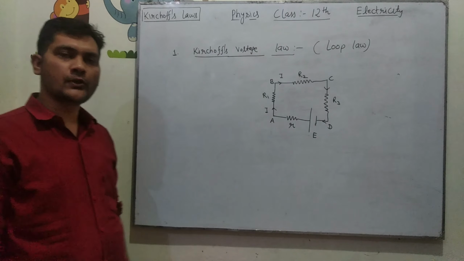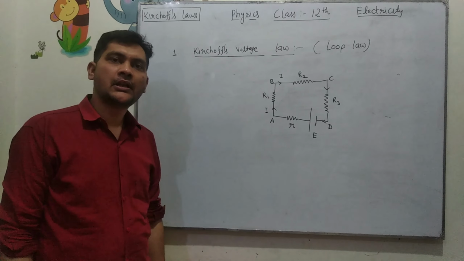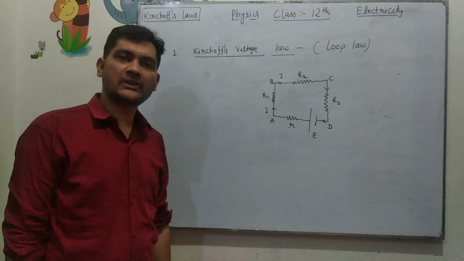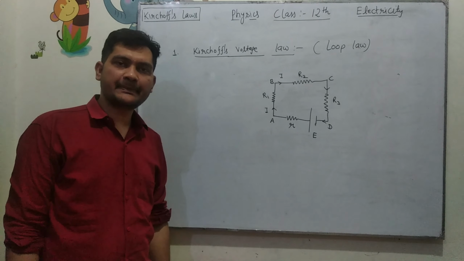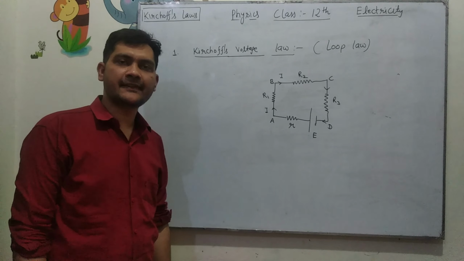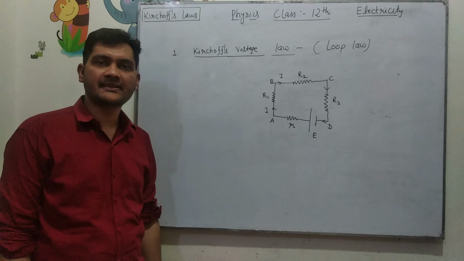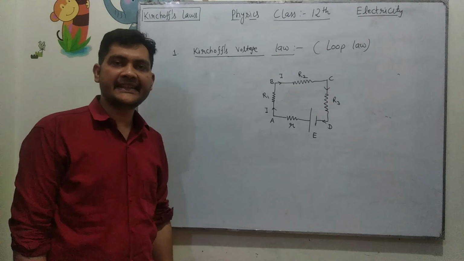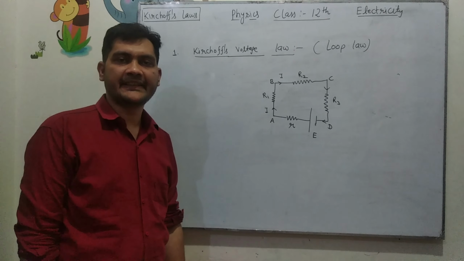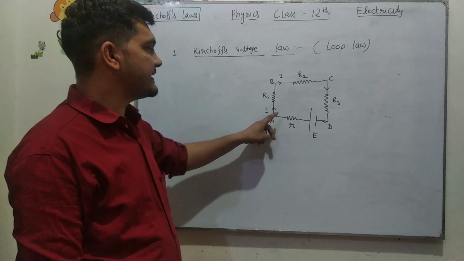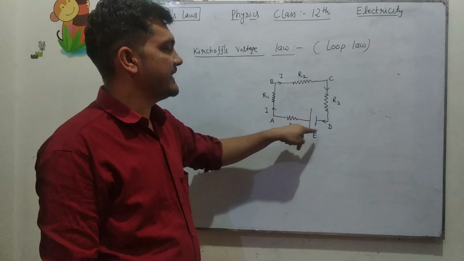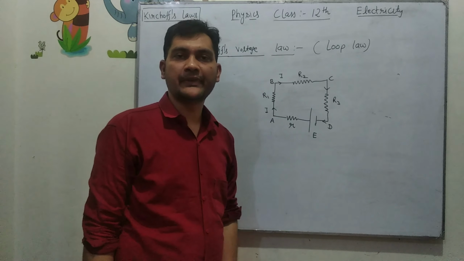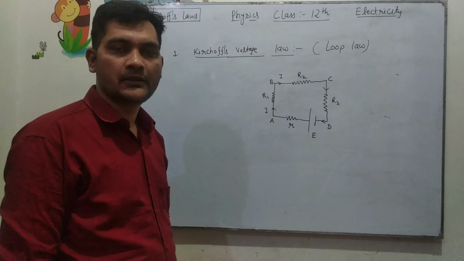Then according to Kirchhoff's voltage law, if we move in a particular direction in a closed loop, then the algebraic sum of potential drops across the resistances is equal to the EMF in that circuit. It means that the potential drops across these resistances will be equal to the EMF of the battery present in that circuit.